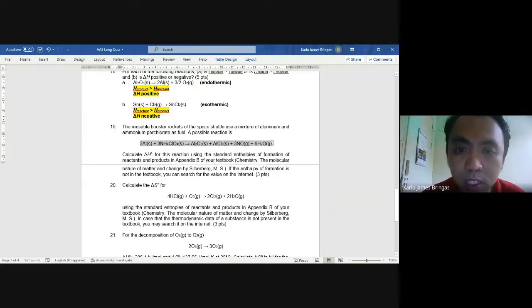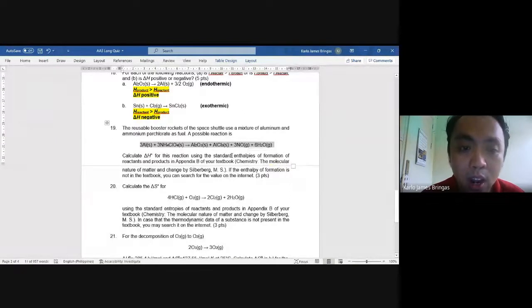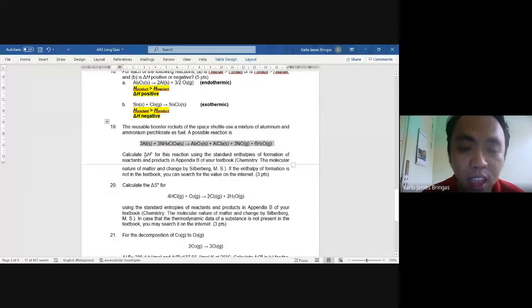So from this possible reaction that's already balanced out, we are now asked to calculate the delta H at standard state for the reaction using the standard enthalpies of formation of the reactants and products in Appendix B of our textbook.